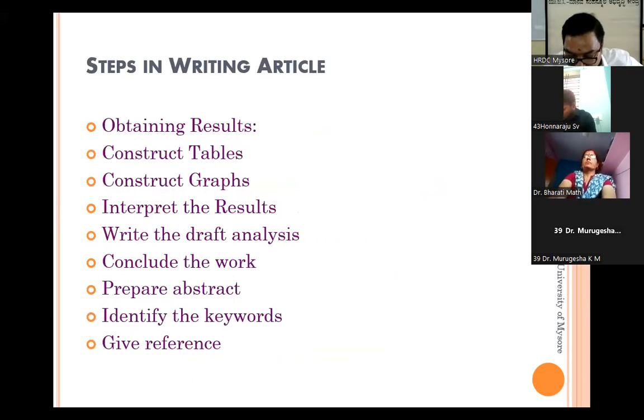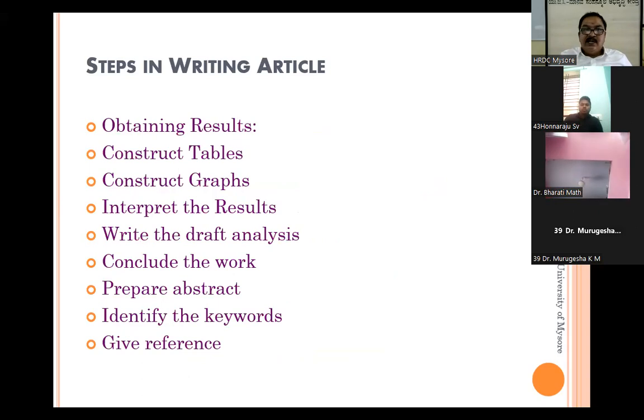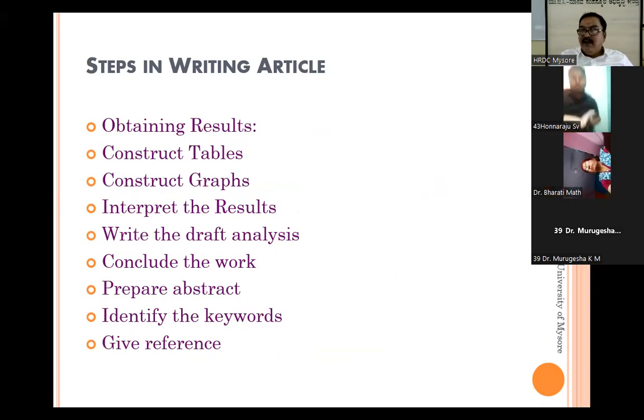So once you have completed your methodology, it is straightforward. By using the software, obtain the results, construct the tables, construct the graphs, and then interpret the results. I have explained the way in which you have to interpret the results. You can present the statements, you can explain the differences, relations, impacts, associations.